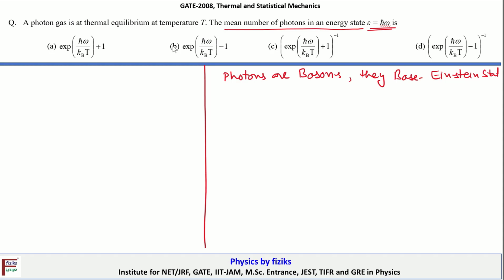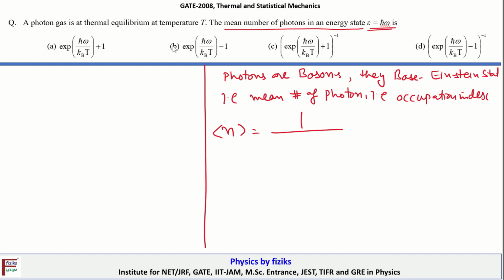That means the mean number of photons, the occupation index, is given by n average equal to 1 upon exponential of (E minus mu) upon k_B T, minus 1, because for photons the chemical potential is equal to 0.